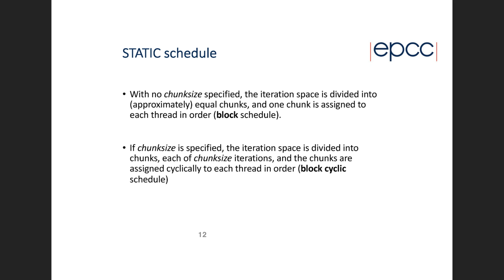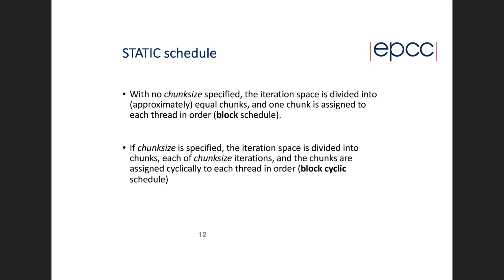So what have we got? Okay, let's start with static. If we don't specify a chunk size and we use the static schedule kind, then again, as before, the iteration space is divided into approximately equal chunks, and one chunk is assigned to each thread. We are guaranteed, however, that the chunks are assigned in order.